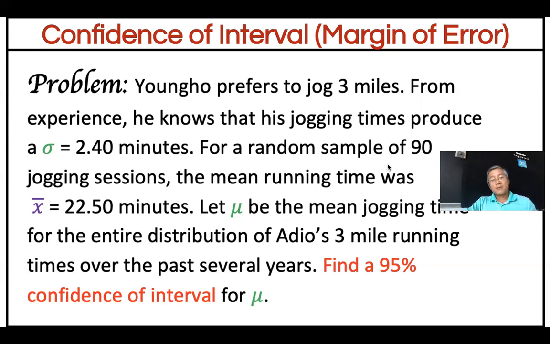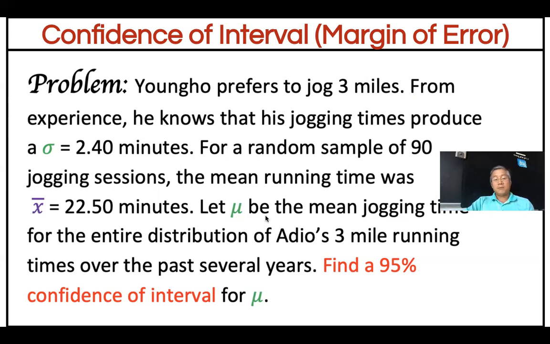For a random sample of 90 jogging sessions, the mean running time was 22.50 minutes, the mean from the sample. This is the mean from the entire population, and this is the mean from the sample.